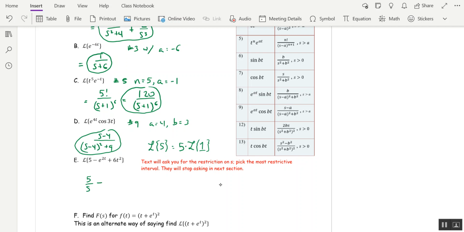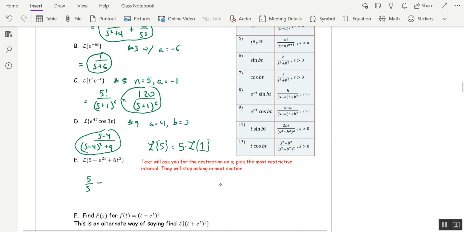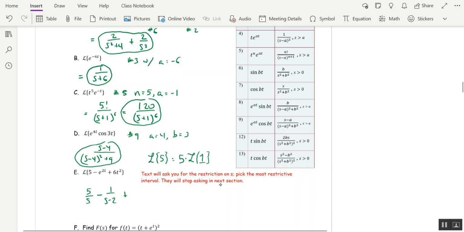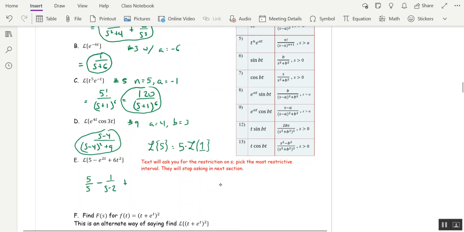The second one, e to the 2t, I'm going to want formula 3, 1 over s minus 2, and then plus, for L of 6t squared, pull the 6 out, L of t squared using formula 2 is 2 factorial, which is 2, so 2 over s cubed. So I have 2 over s cubed times 6, which is 12 over s cubed.